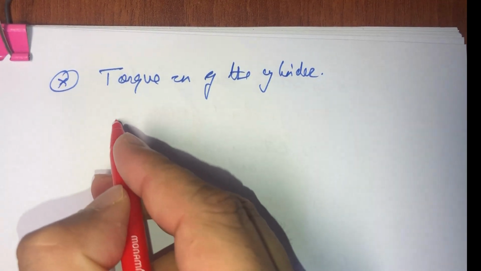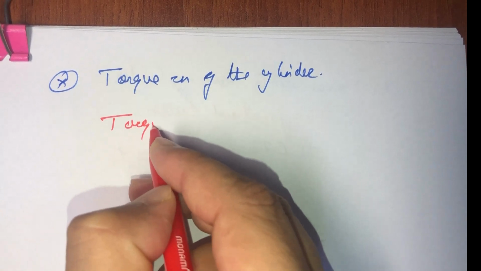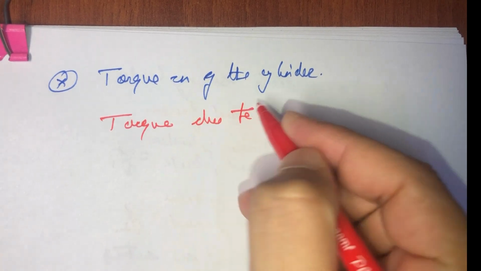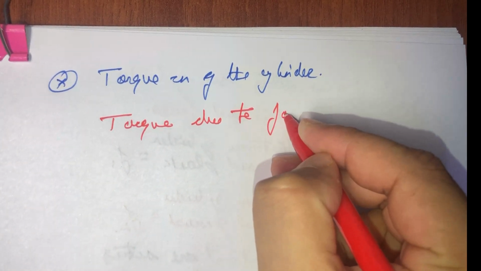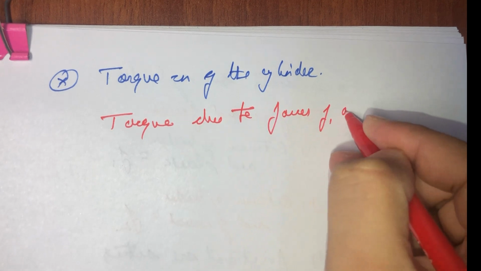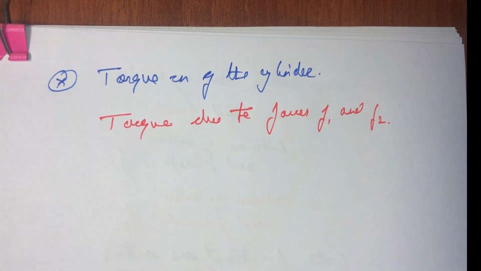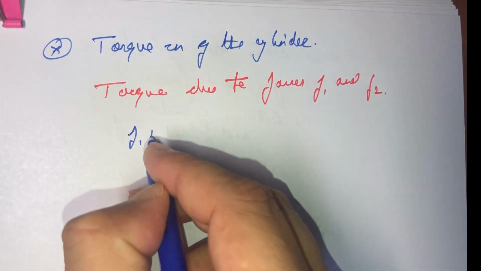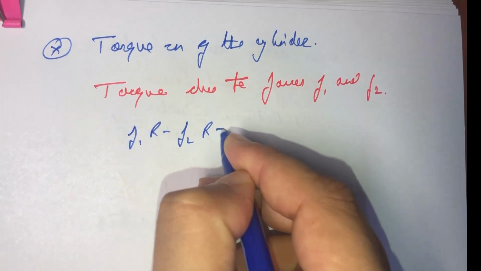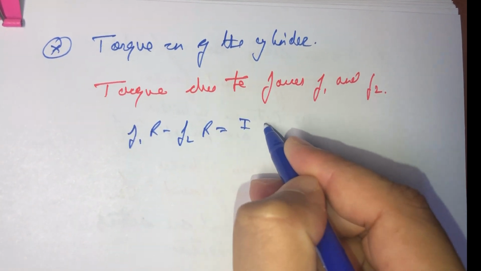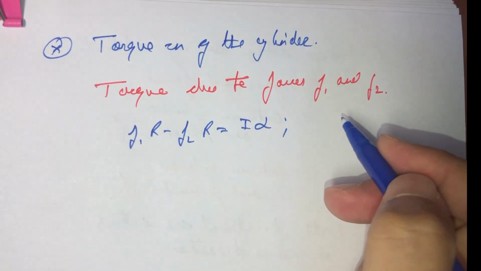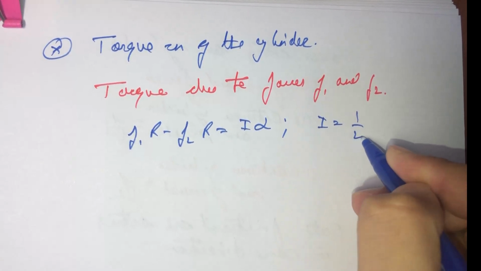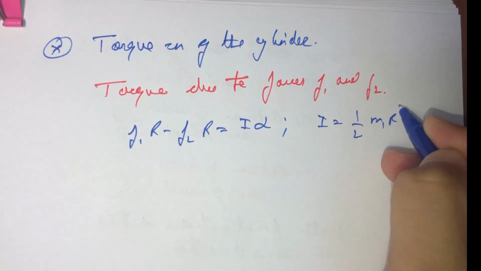So we can say that torque due to forces F1 and F2, you can write this as F1R minus F2R will be equal to I into alpha, where I is the moment of inertia of the cylinder, and this I will be given as half m1 r square.